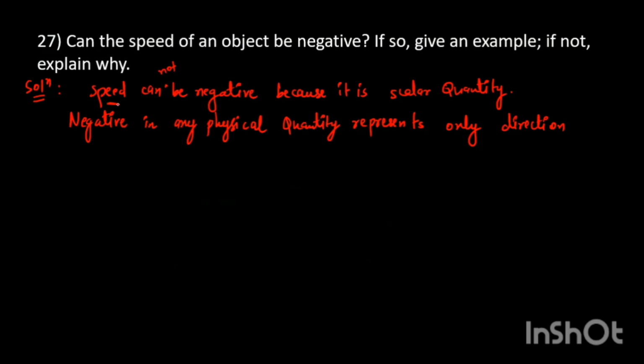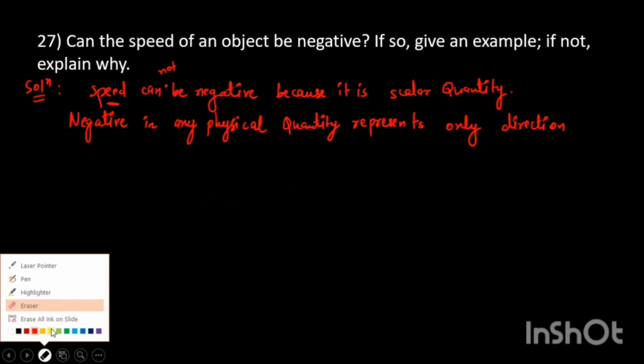So speed cannot be negative because it doesn't have any direction, whereas velocity can be negative because it shows direction.